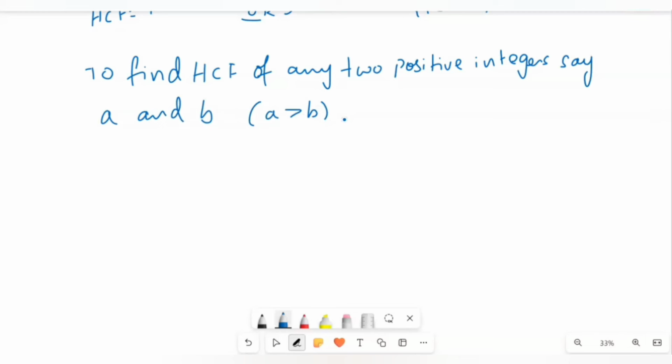Applying Euclid's division lemma, you can write step 1 as: A is divided by B, so A is the dividend.